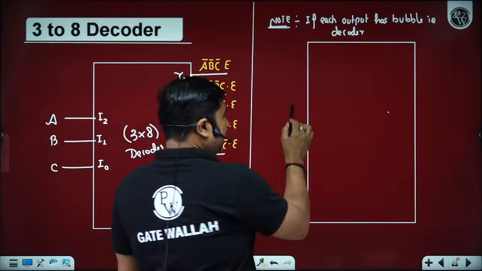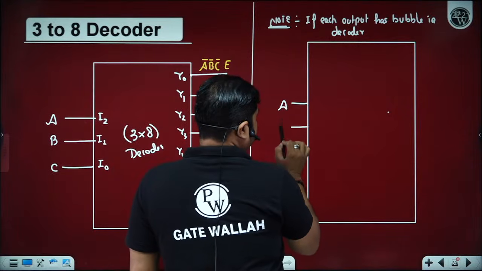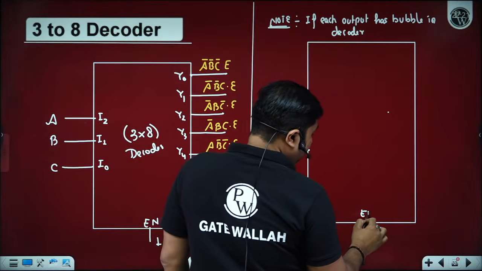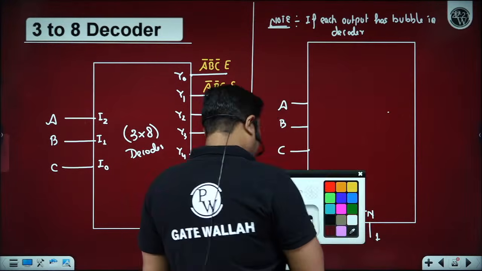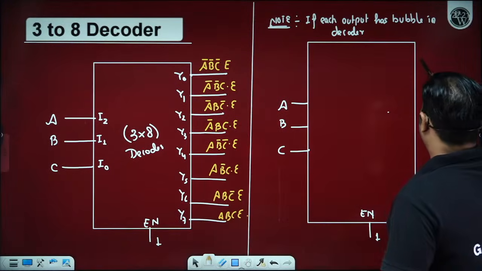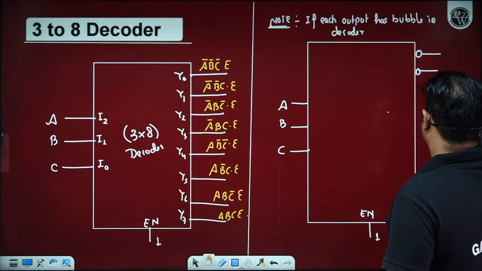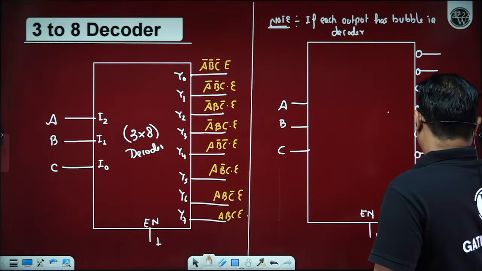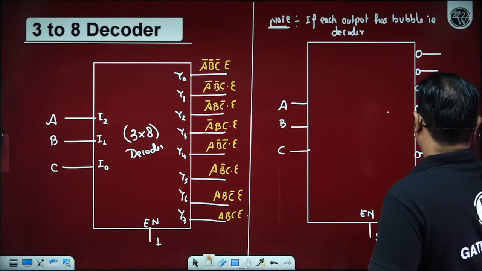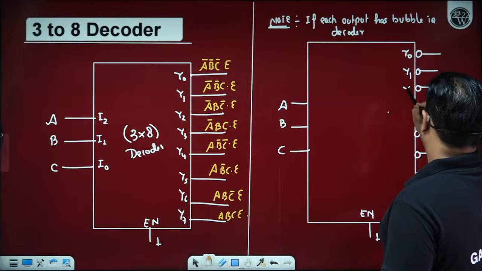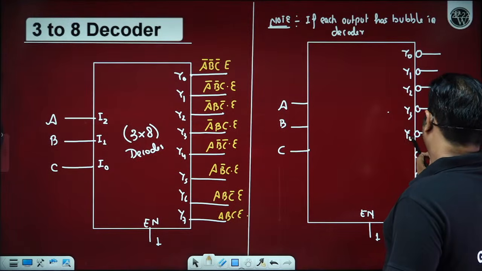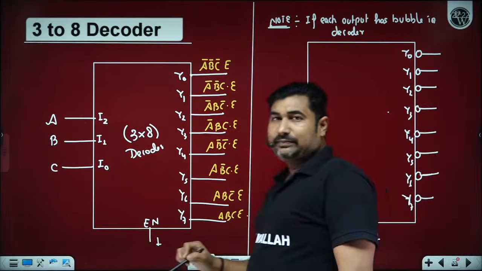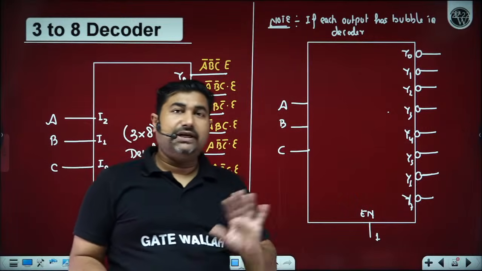So if we have A, B, C, and suppose we have enable high only, and we have bubbles present here, Y0, Y1, Y2, Y3, Y4, Y5, Y6, Y7. Now what happened? It is not giving a POS, it is giving SOP only.